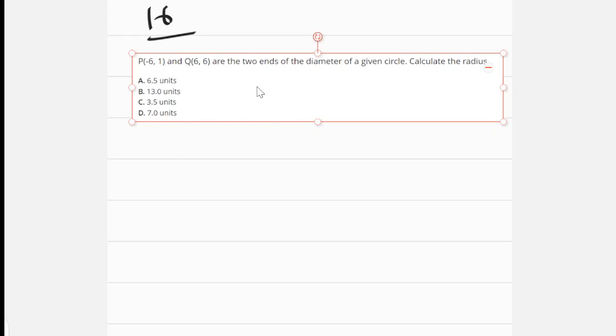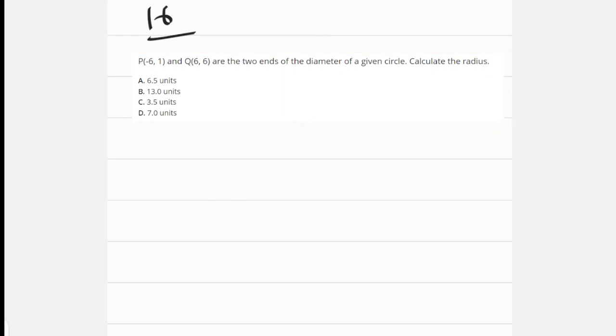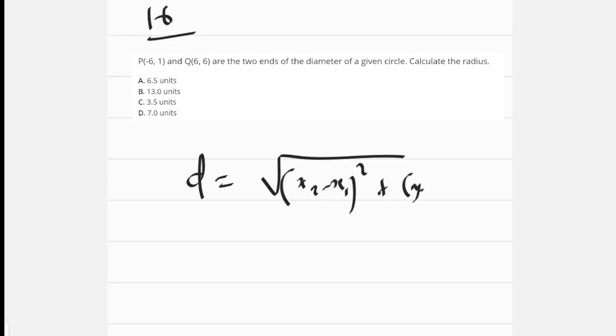So this is not difficult to do. You know the distance between 2 points is given by this formula. That is the square root of x2 minus x1 squared plus y2 minus y1 squared.